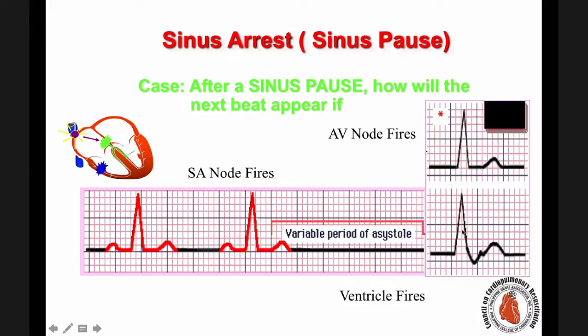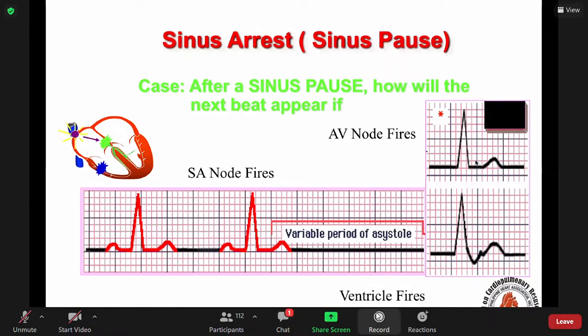the AV node may also not fire. But the ventricles will try to conduct. Because, right, you have other pacemakers. But that's it. So, sinus arrest can have three outcomes.